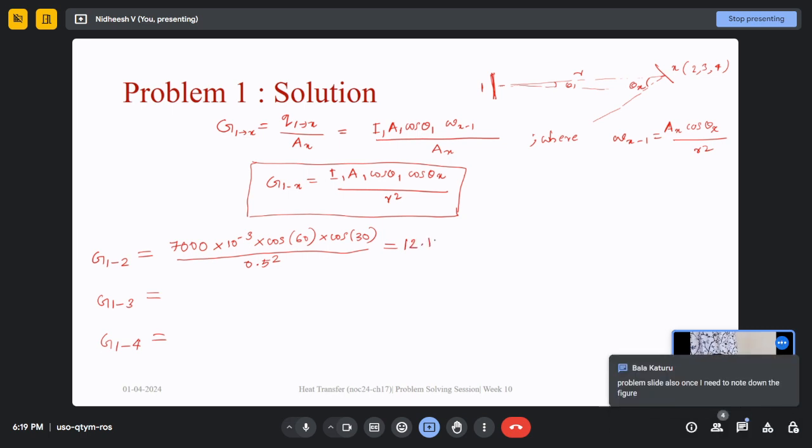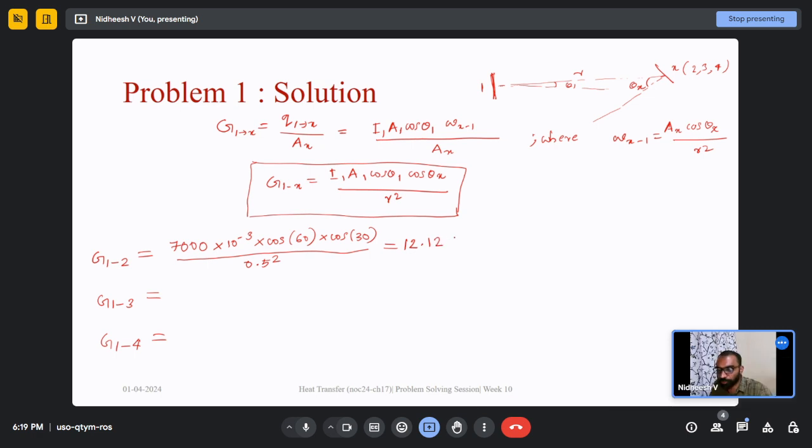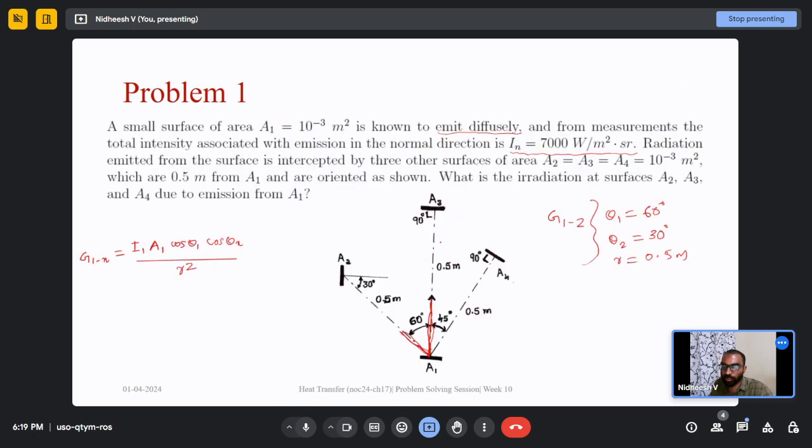Okay, 12.12. Before that, what would be the units for this? It would be watt per meter square, right? It is irradiation flux. Bala, this is the problem statement slide.